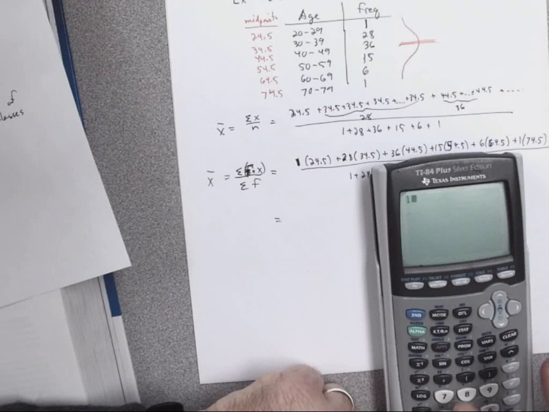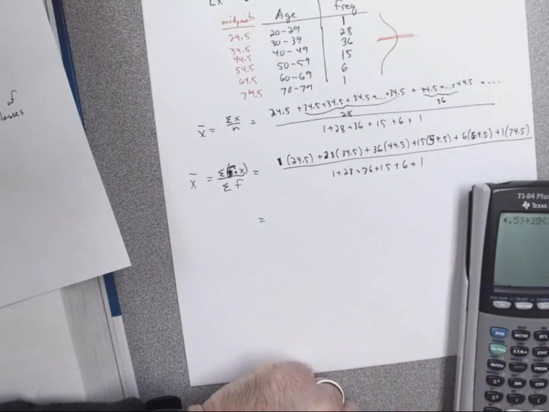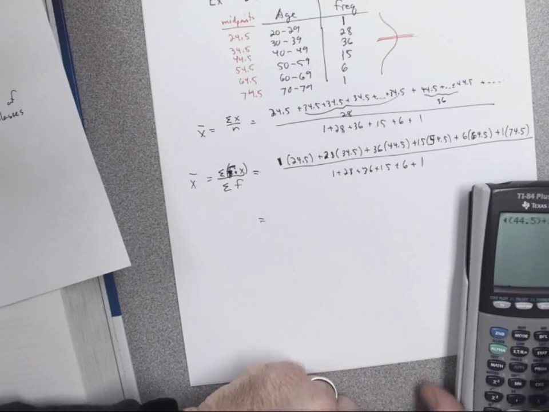So 1 times 24.5 plus 28 times 34.5 plus 36 times 44.5 plus 15 times 54.5. If you guys can see this.